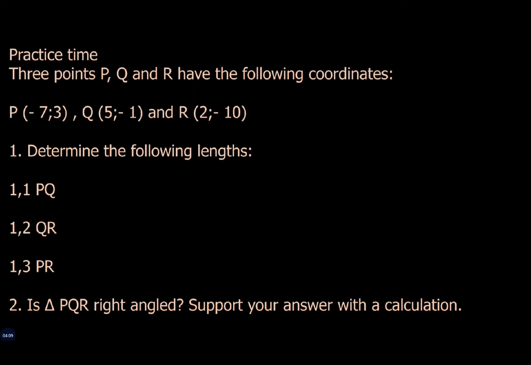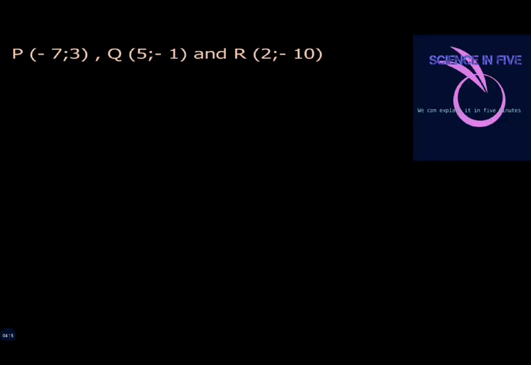Okay, let's have a look at how you could have done this problem. Given those 3 coordinates, the first thing to do in this scenario is to make a sketch. Not a very convincing sketch, I must say.